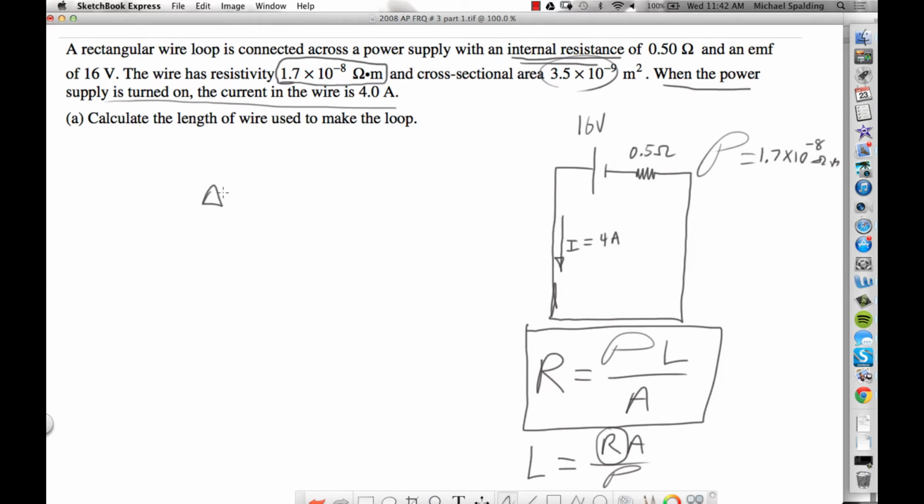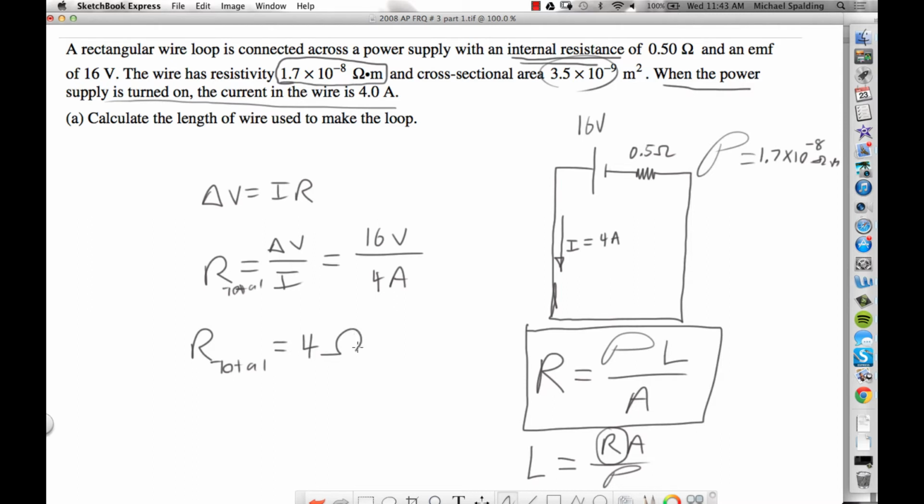So if we use Ohm's law, delta V equals IR, R is delta V over I. So that's 16 volts over I, which is 4 amps. Sorry, this is the total resistance. So the total resistance of the whole thing comes out to be 4 ohms.